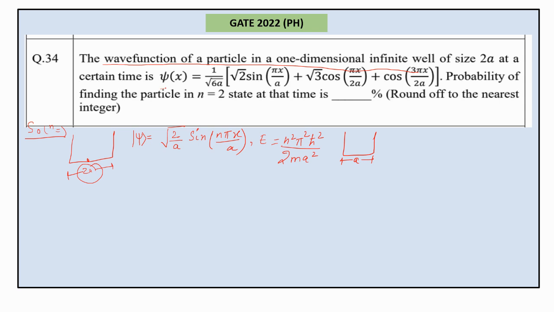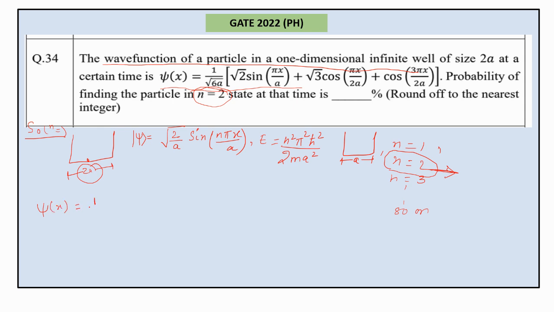So you are asked to find the probability of finding the particle in the n is equal to 2 state. So n is equal to 1, n is equal to 2, these will define states, and so on. Now you are asked to find the probability of finding the particle in this state, and the wave function is given to us.